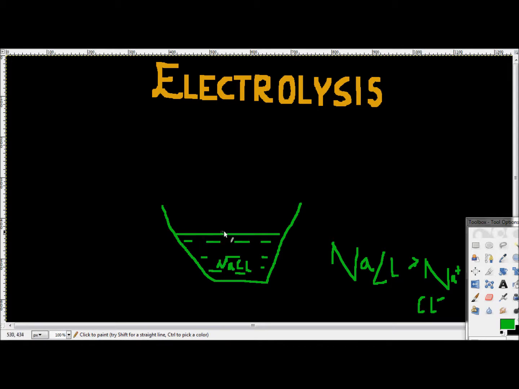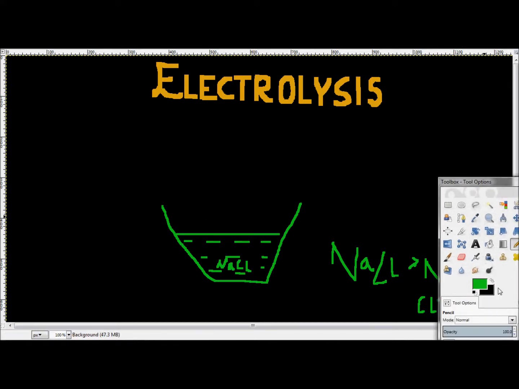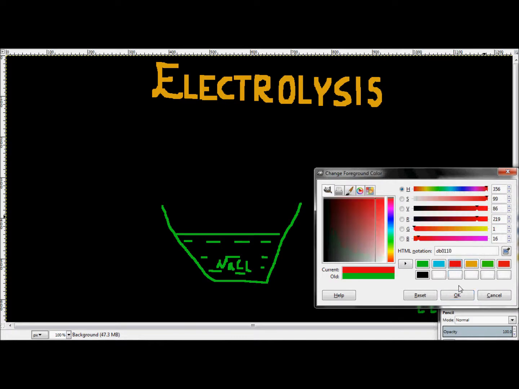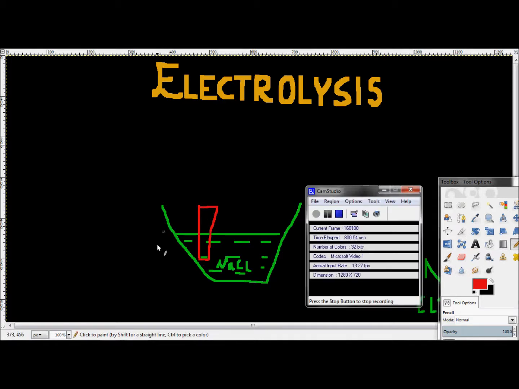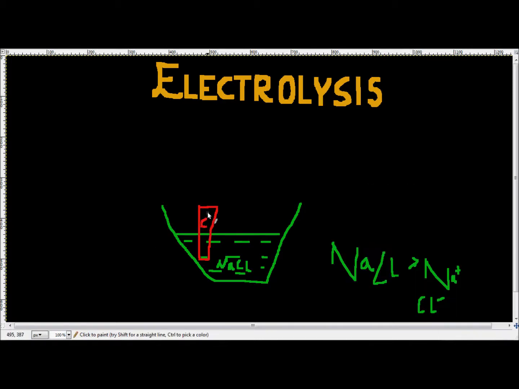Okay. So now we'll draw the anode and the cathode. This is the cathode connected to the negative terminal, and here you have the positive terminal, the anode here.